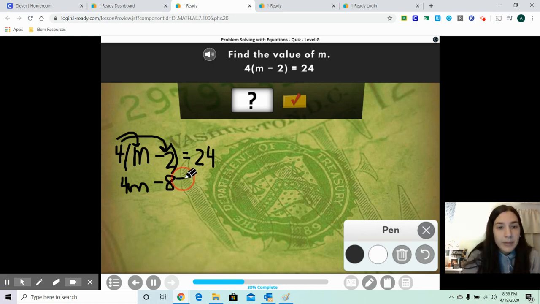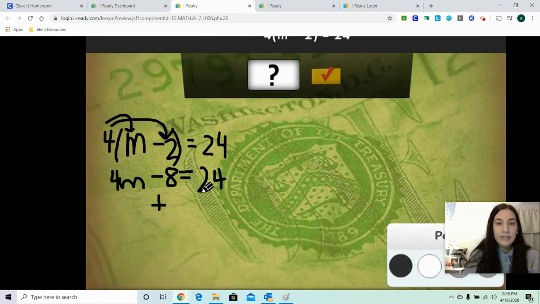Okay, bring down equals 24. We want to add 8 to both sides.